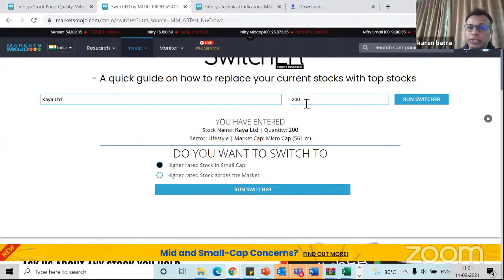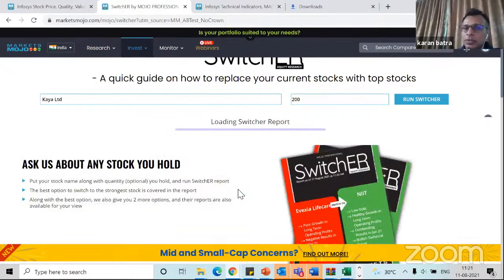Now for Kaya, which is a part of the lifestyle sector, there is no stock which is rated buy. So it is not even offering me a better stock in the sector because there's nothing that is available in that sector. So it is asking me to go across small caps and run the switcher.